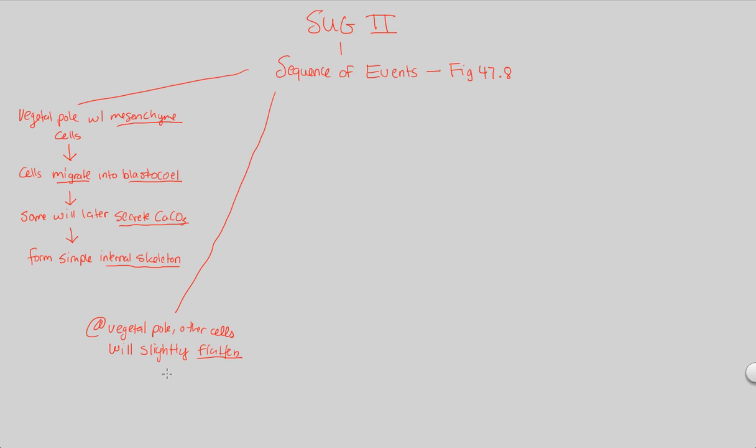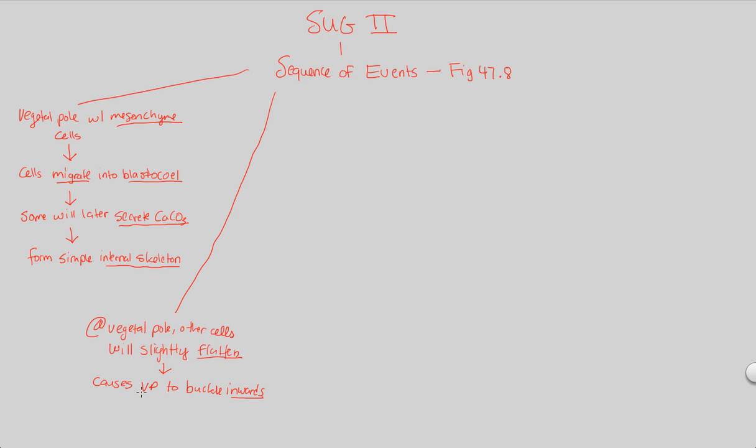When they slightly flatten, these other cells are going to cause this structure. This causes the whole vegetal pole area, VP for vegetal pole area, to buckle inwards. Keyword here right now is inwards.